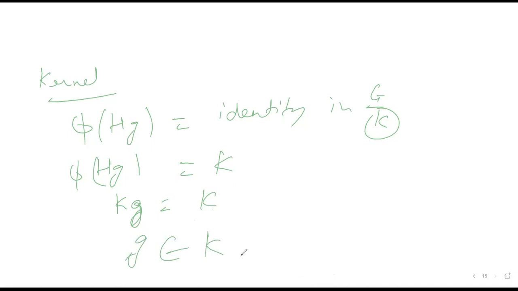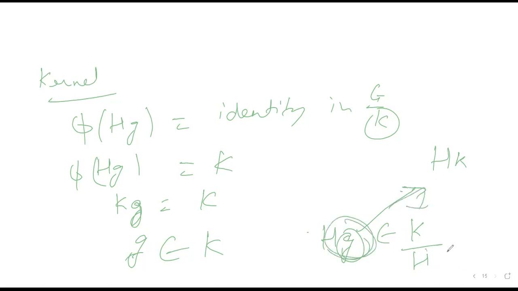Now, if g belongs to K, then what will be the case with Hg? Then Hg will belong to K by H, right? Because what is K by H? K by H will be H into some element of K, and this g belongs to K only, no?